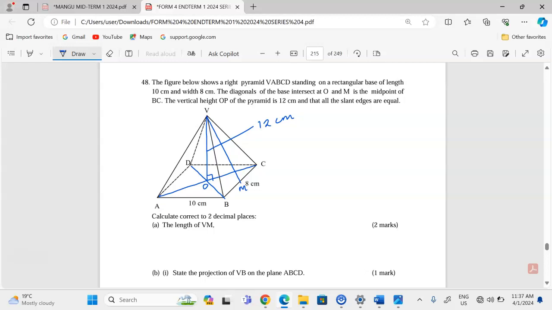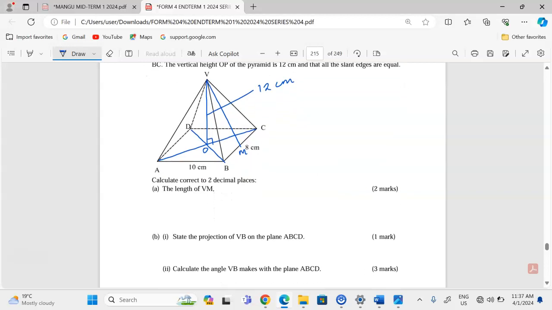Calculate correct to 2 decimal places the length VM. Remember, because there is a length of 10 centimeters, then from O to M we're going to have 5 centimeters.